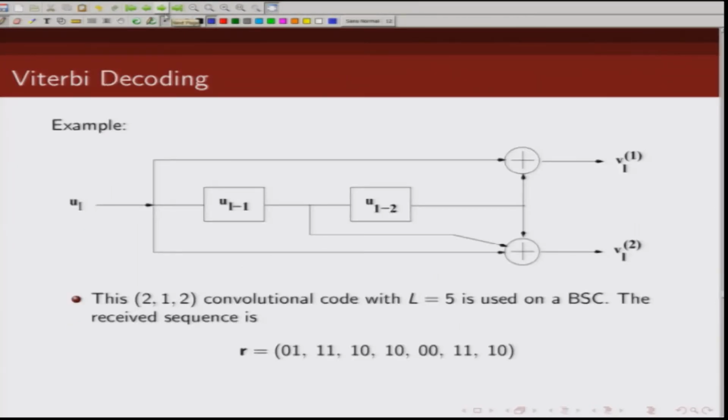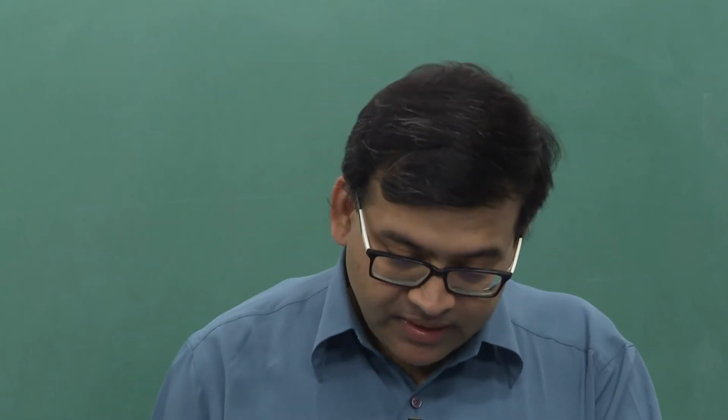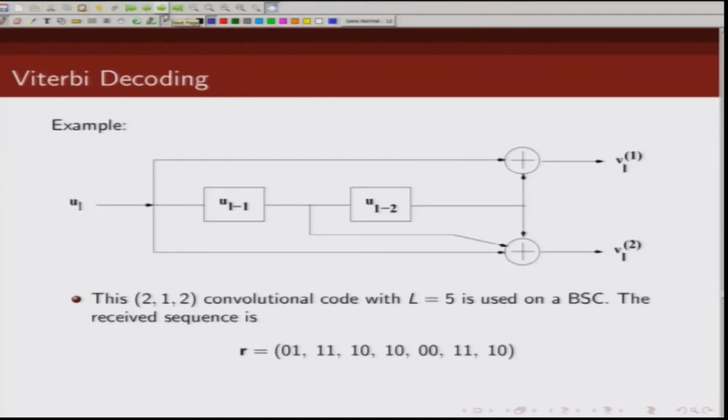So, let us come to an example to show how we compute the partial path metric, how we choose the best surviving path, and how we eliminate other paths which do not give us the best path metric. Okay, let us take an example of a rate 1/2 code which has memory 2.